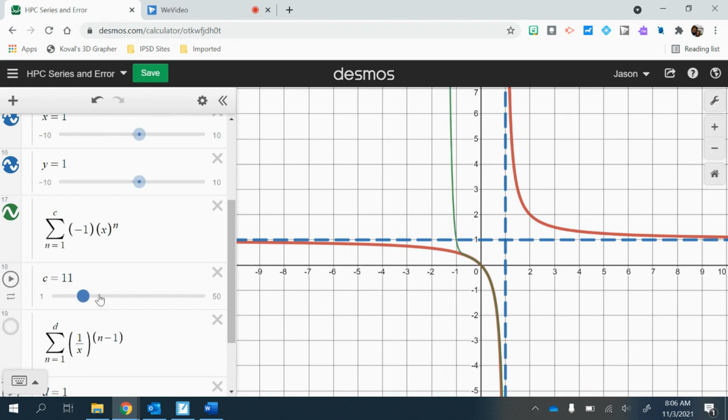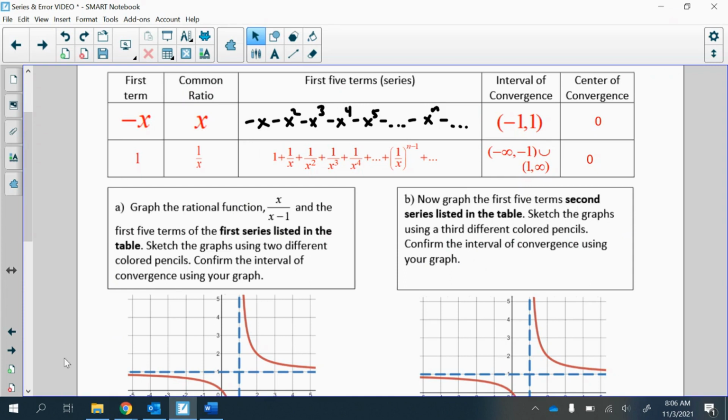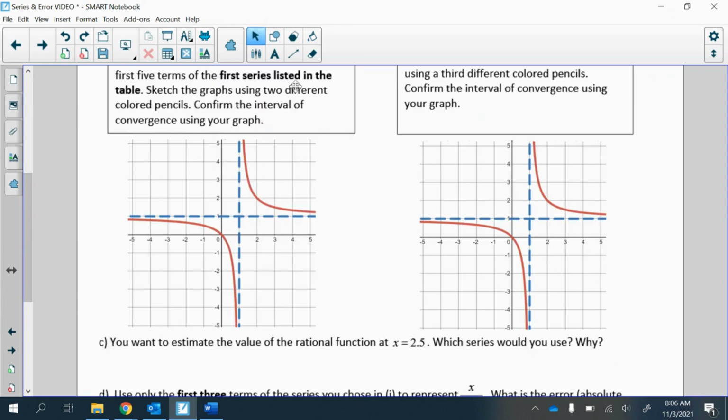And what we're seeing is something very similar to what we've seen a lot of the time, where it looks like it kind of sticks around between -1 and 1.